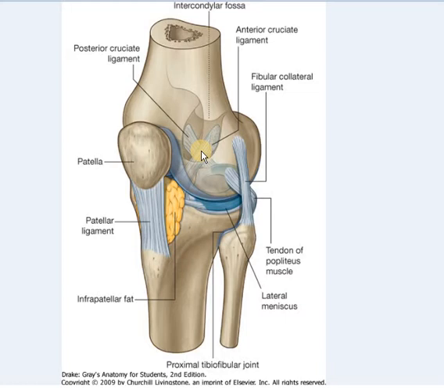The fibrous capsule is reinforced by structures, usually the muscles, the tendons of the muscles, and the ligaments which surround the joint.